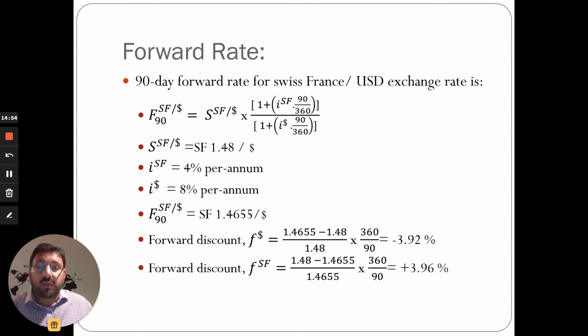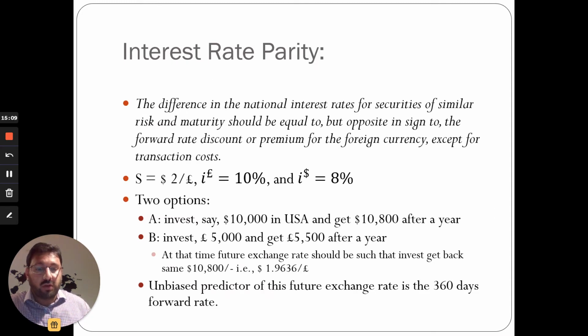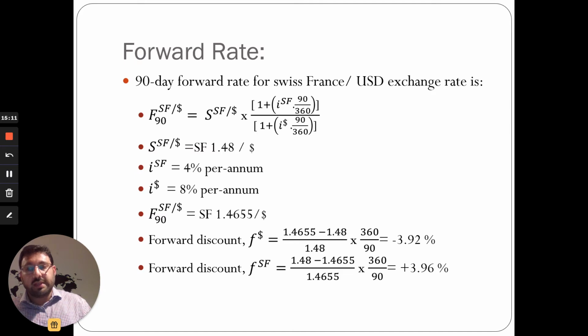And if we want to know what the future spot rate is at that time, we can calculate it today, but that will give us the forward rate 90 days from here onward. This is the best estimation we are making, given the difference in the interest rate between the two countries and the spot rate right now, of what could be the future spot rate after 90 days.